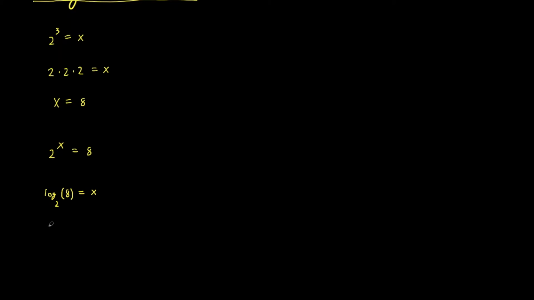We'll go more over that later. What's really important to know is that you take the base of the exponent, bring it down, and then you just switch the places of the 8 and the x. So 2 to the x equals 8 can be written as log base 2 of 8 equals x.